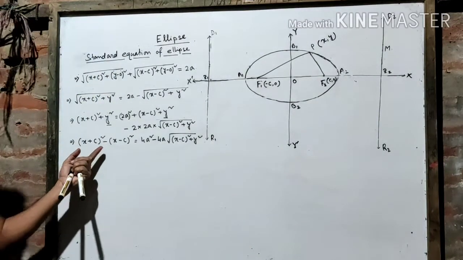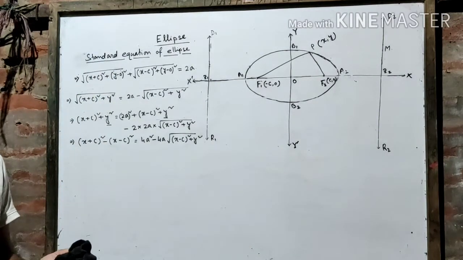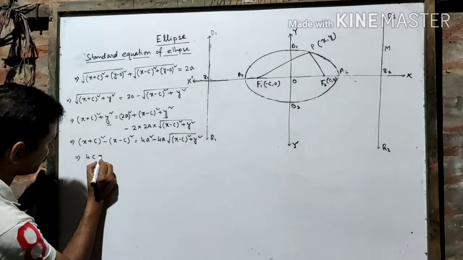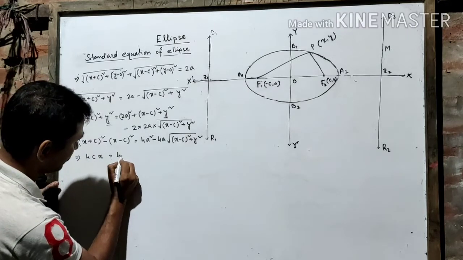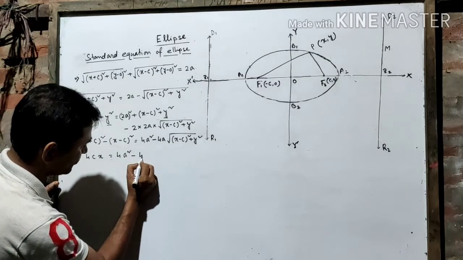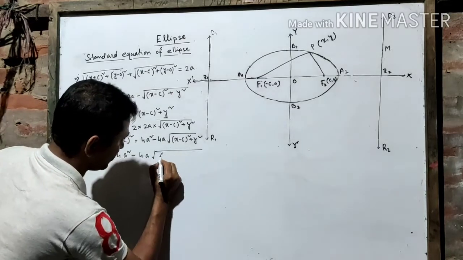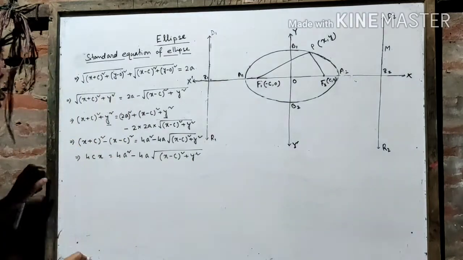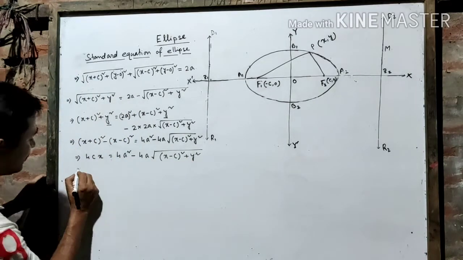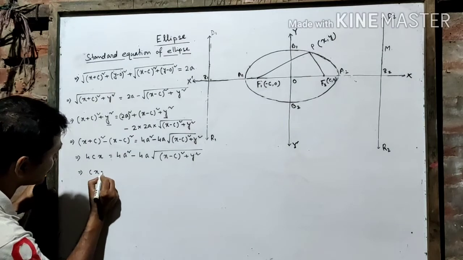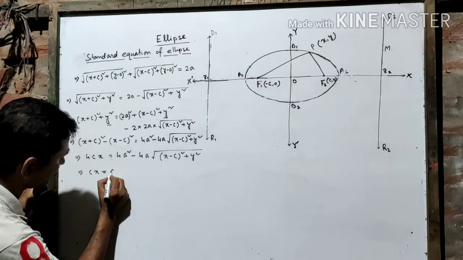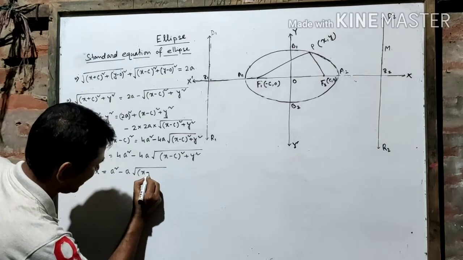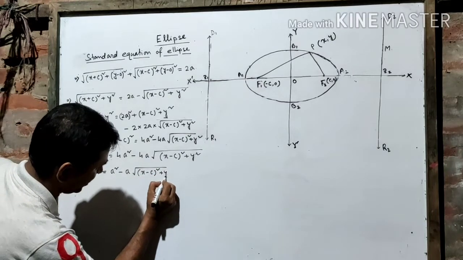So (x plus c) whole square minus (x minus c) whole square will be 4cx. So this will become 4cx equal to 4a square minus 4a into under root (x minus c) whole square plus y square. 4 will be cancelled and we will be left with cx is equal to a square minus a into under root (x minus c) whole square plus y square.